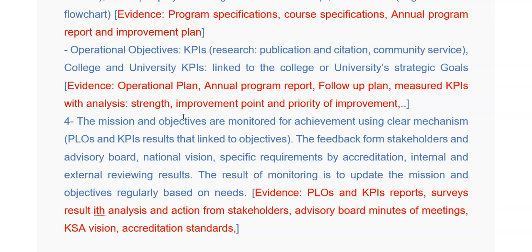Some of them can be implemented at program level, some of them you need support from the college or from the university, but it is your own operational plan. Annually you are trying to implement and to follow it, so that by the end of the year you will have a clear picture about the achievements of your operational objectives.